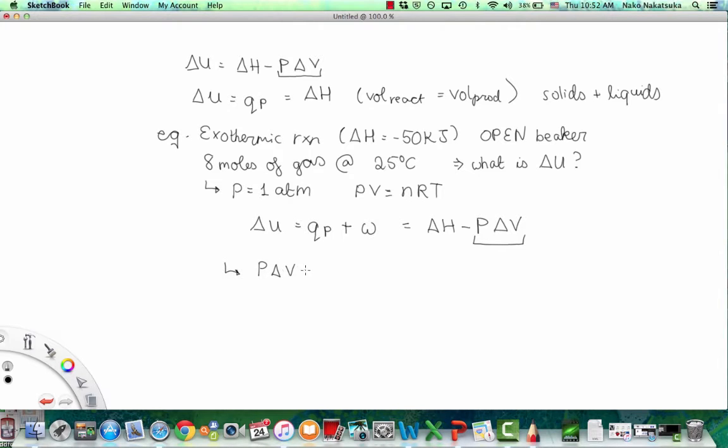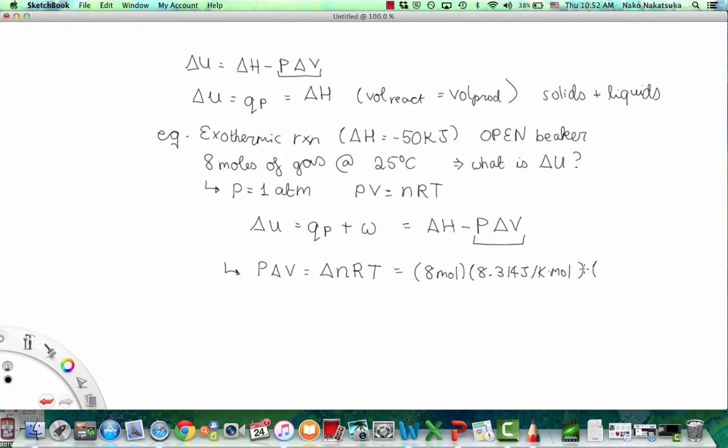P delta V is the change in the number of moles of gas multiplied by the gas constant and the temperature. So we have the change in the number of moles is 8 moles multiplied by the gas constant, which is just a value that's always given to you on exams, and you can also find it at the back of your textbooks.